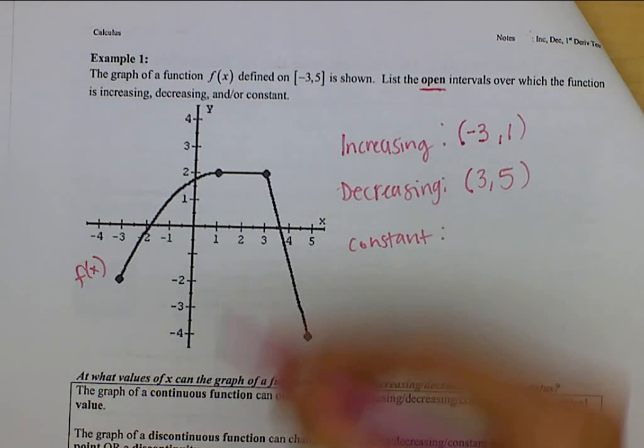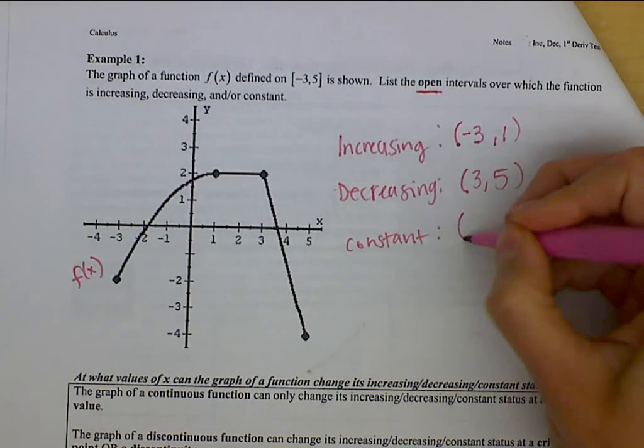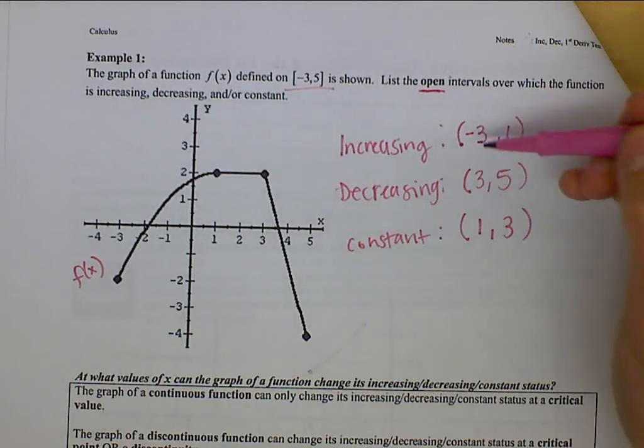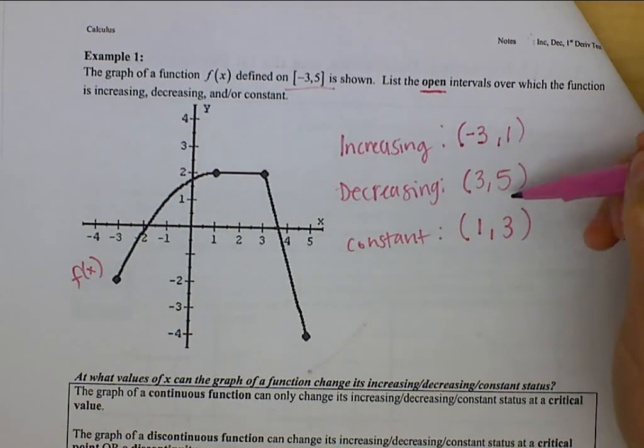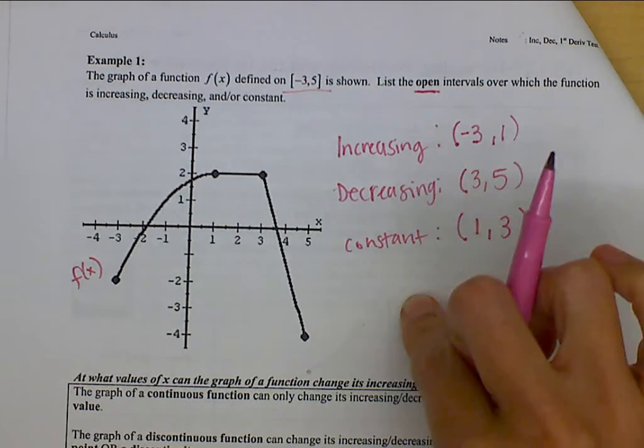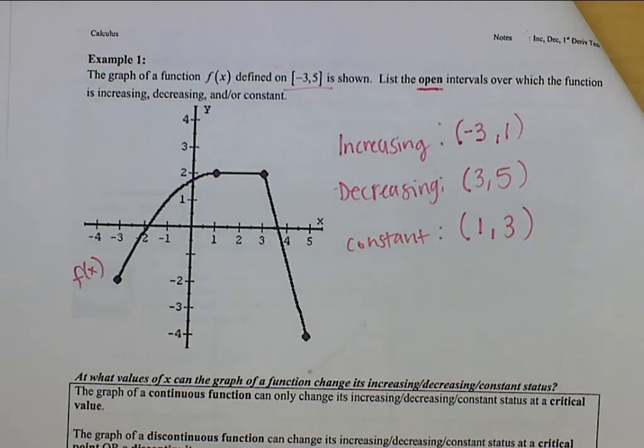And it's constant right here, so between 1 and 3. So basically the whole closed interval between -3 and 5 is completely covered there, because these are the only options we have. It's either increasing, decreasing, or constant.